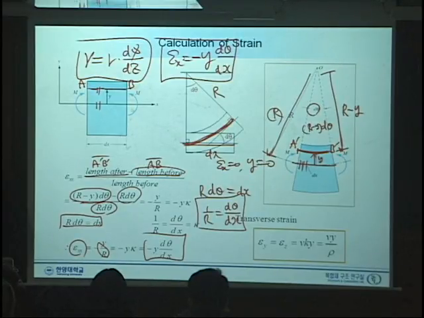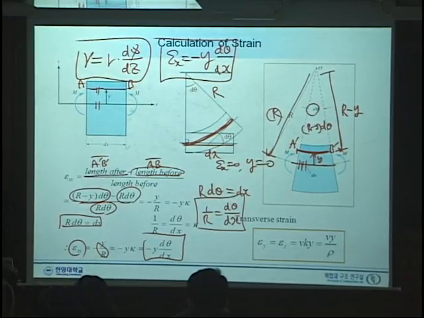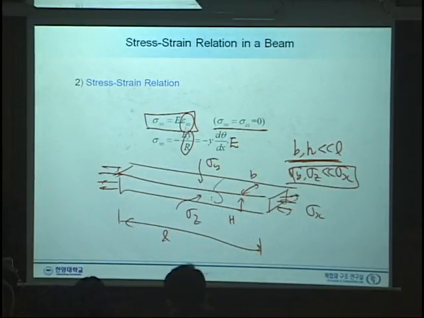What is the next step? Once we have a strain, then we need the stress. So we simply use the stress and strain relations. This relation is obtained with the assumption that the other components, sigma y and sigma z, are 0.